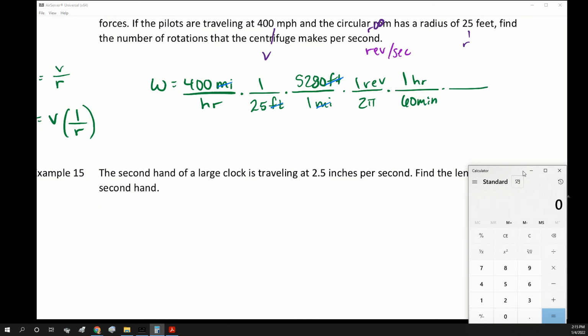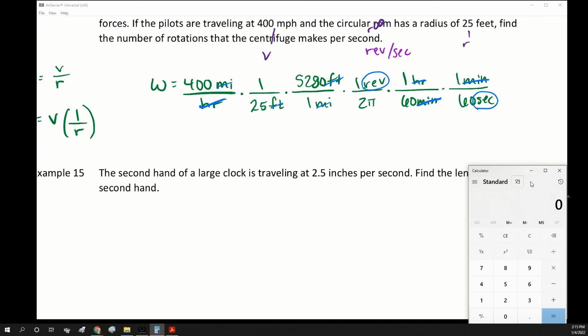Okay, so that will cancel hours. And then I want to change minutes to seconds. So 1 minute is 60 seconds. Minutes cancel. So my final answer should be in revolutions per second, or rotations per second if you want to call it that.